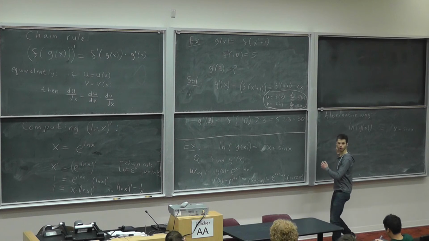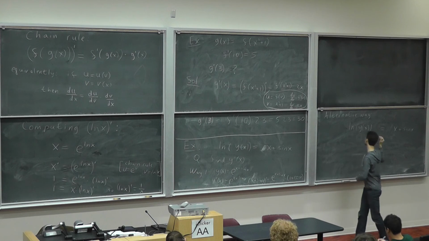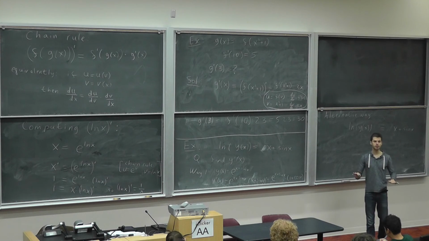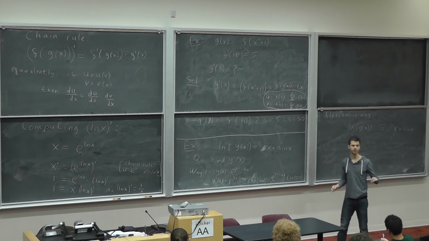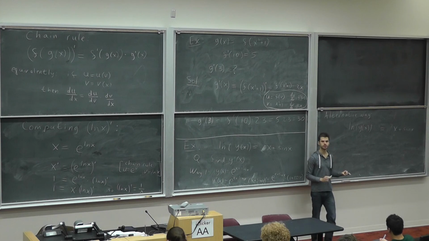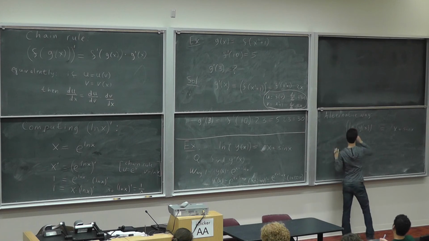After all, on the left side, I have a function of x, and on the right side, I have a function of x. And they are the same function. Once again, different expressions, but the same function. For every value of x, you get the same answers on the left and on the right. Well, it means that their derivatives as functions of x are also the same.